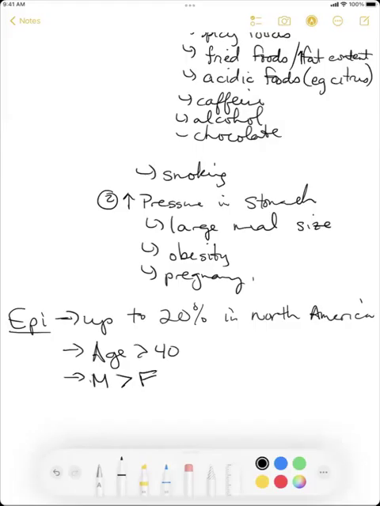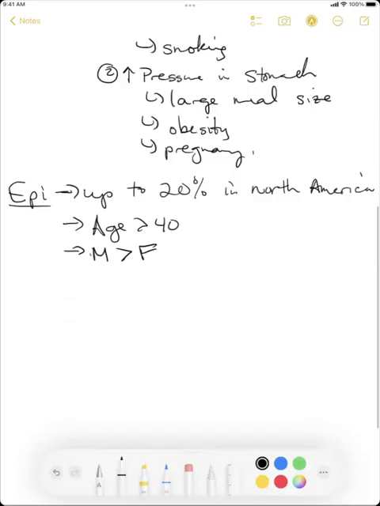Clinically, people will often feel a burning sensation within their chest, or sometimes in their lower or upper abdomen. Sometimes it can be really difficult to tell the difference between that and a heart attack.